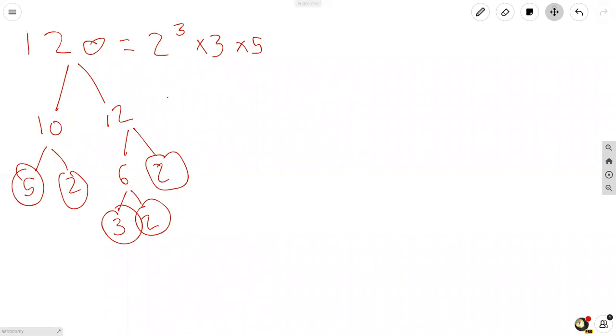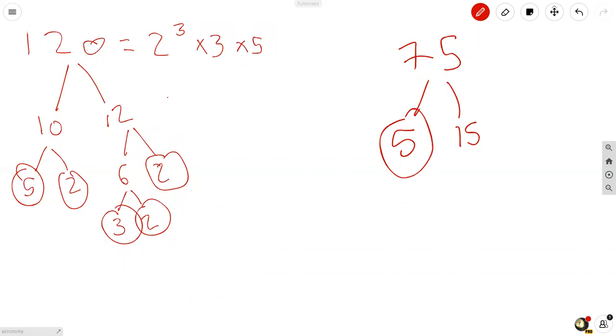Next, I'm going to do the same thing, but for the number 75. What numbers multiply to give me 75? 5 and 15, well done.